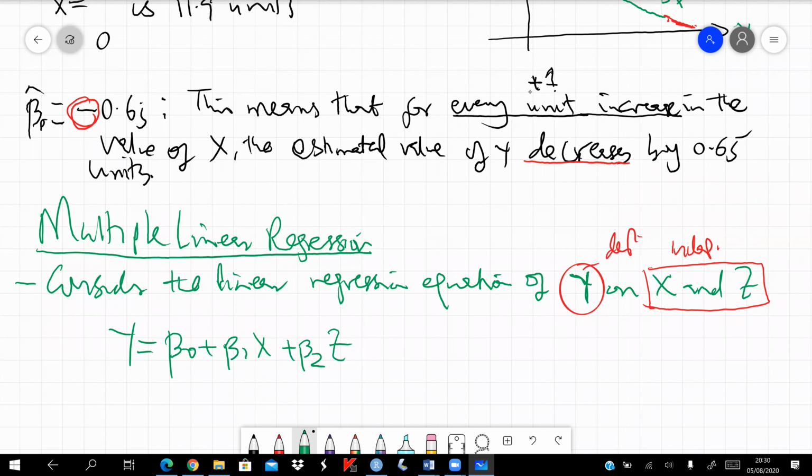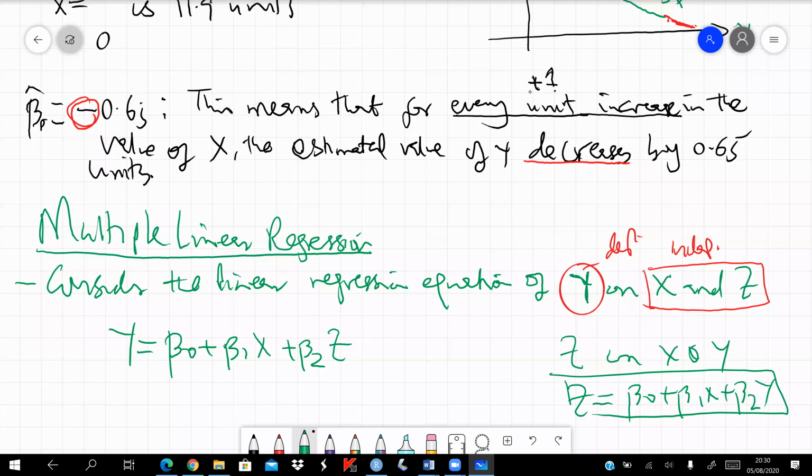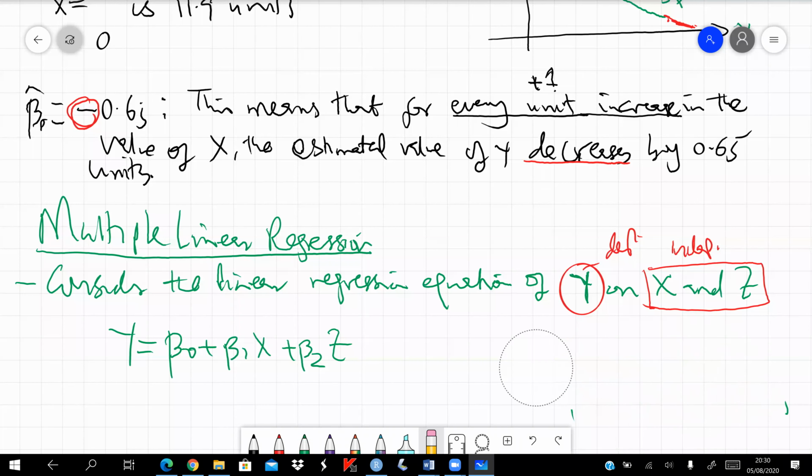So that's the regression equation of y on x and z. If I said regression equation of z on x and y, I'll be talking about z is equal to beta naught plus beta 1 of x plus beta 2 of y, and so on and so forth. So it's always good for you to note what is being regressed on what all the time.